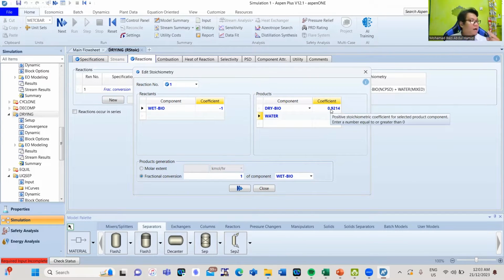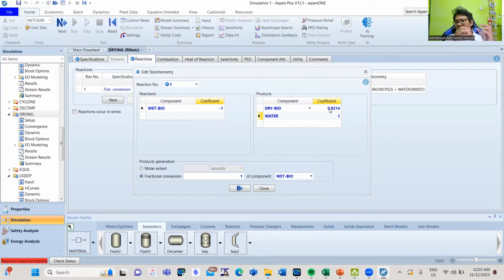If you remember my moisture, if you see my approximate analysis, my moisture is 7.86, right? So, 100% of wet biomass consists of moisture and dry biomass. Okay, let me explain one more time.